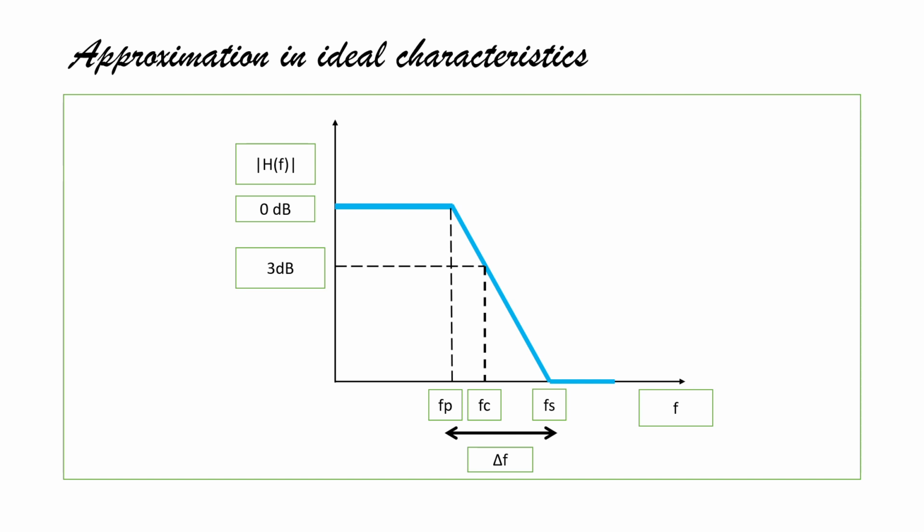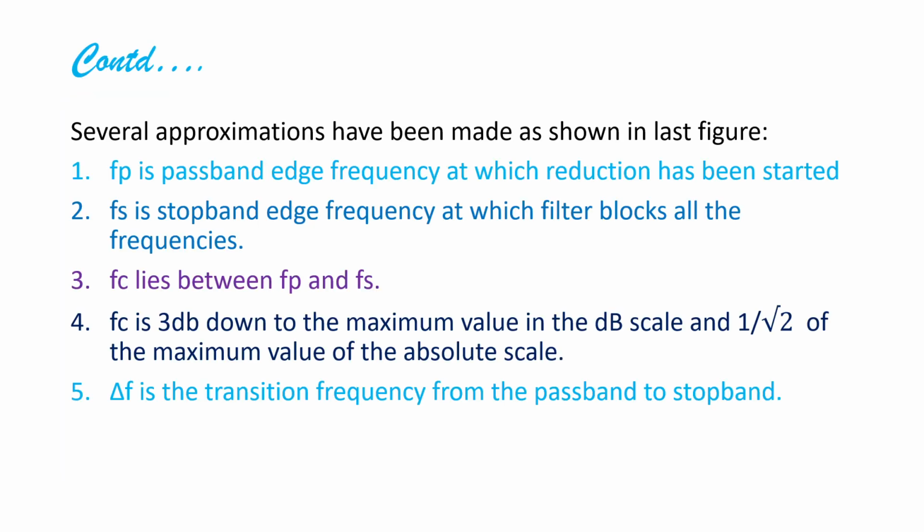Now I'll explain everything in detail. Several approximations have been made as shown in the last figure. Fp is the pass band edge frequency at which the reduction has started. Fs is the stop band edge frequency at which the filter blocks all the frequencies.